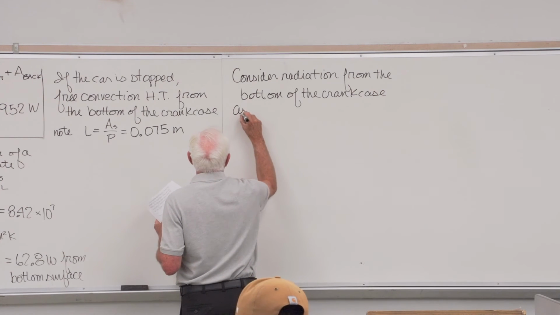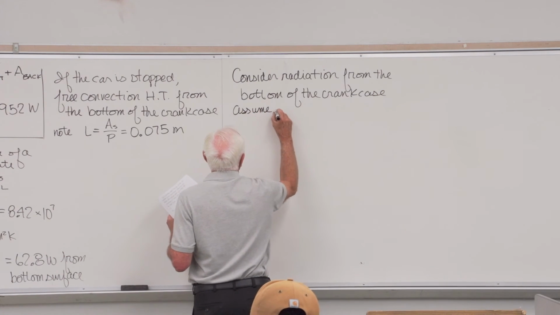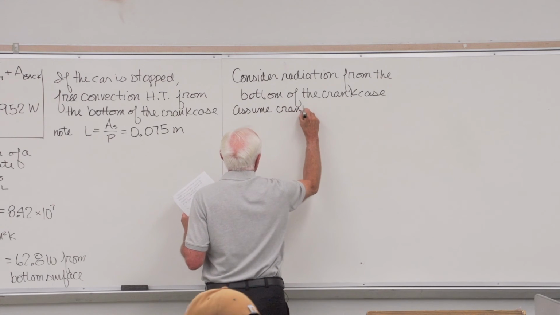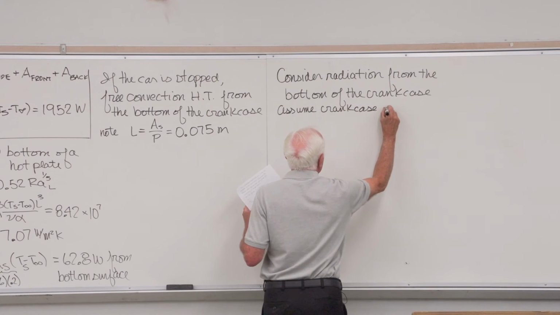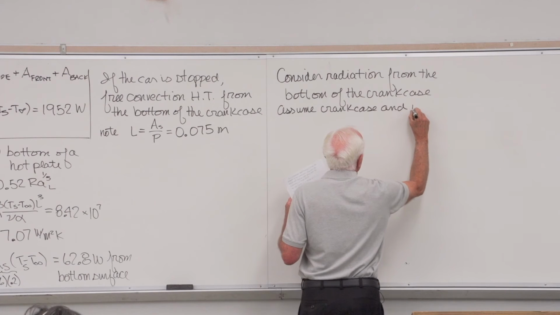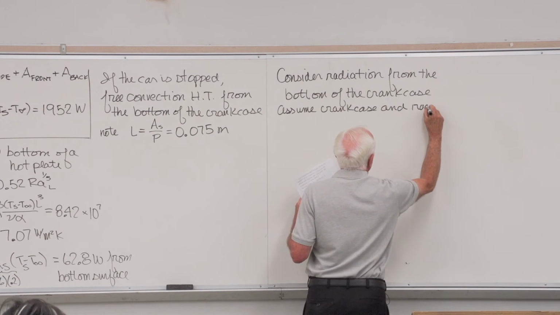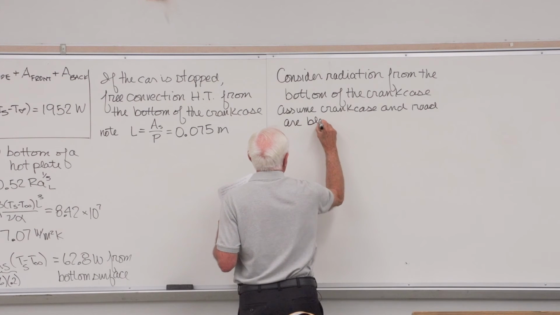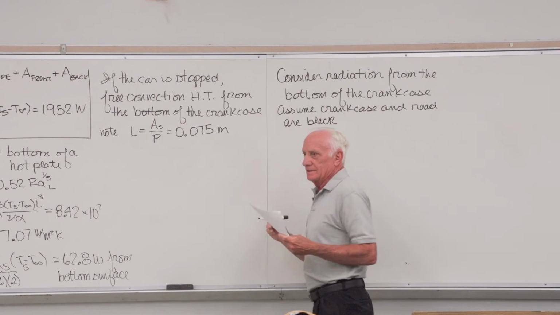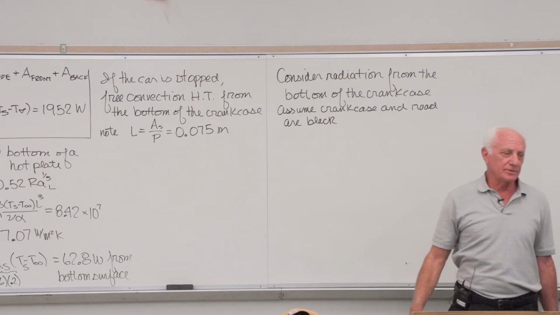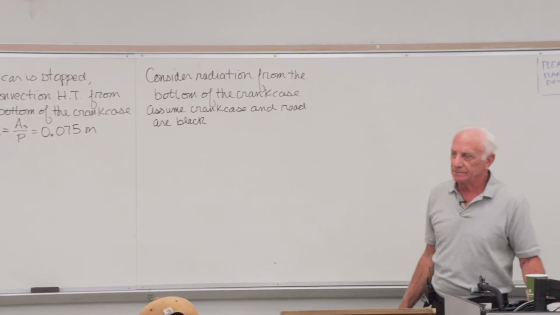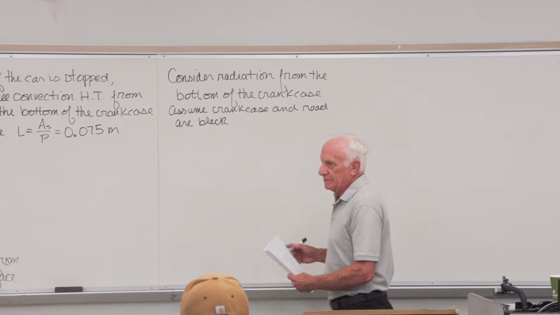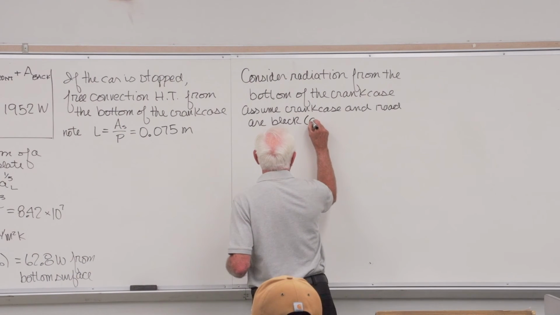We're going to assume the crankcase and the road are black. That's a decent approximation. Black asphalt street, I'm going to assume it's a black surface. And that means, of course, epsilon for both is 1.